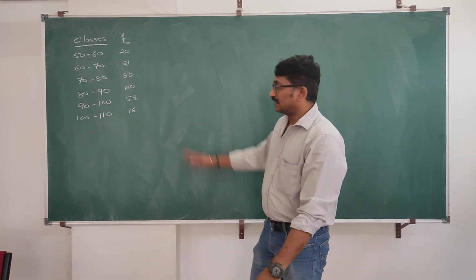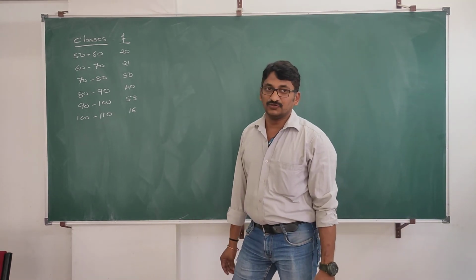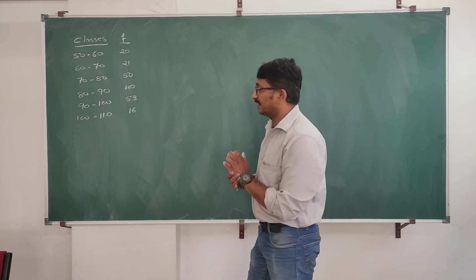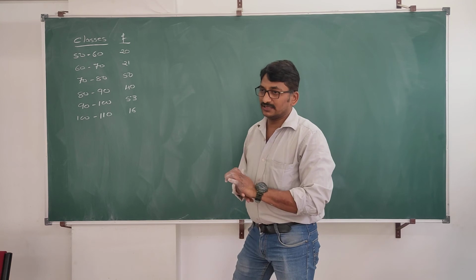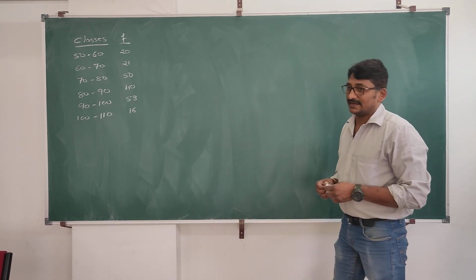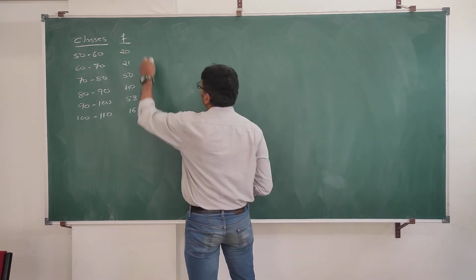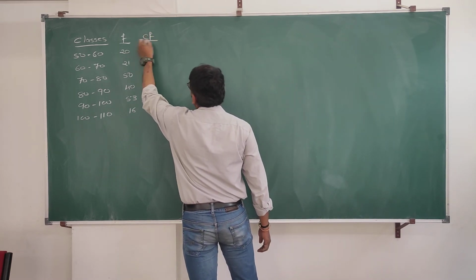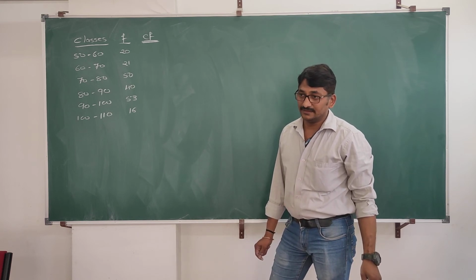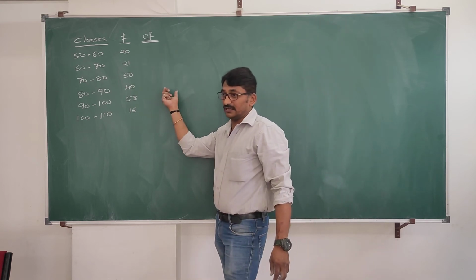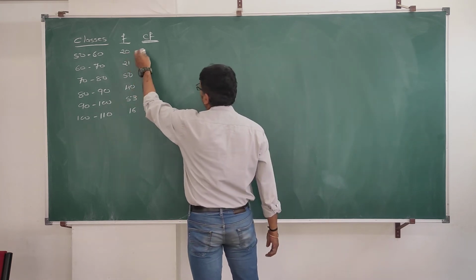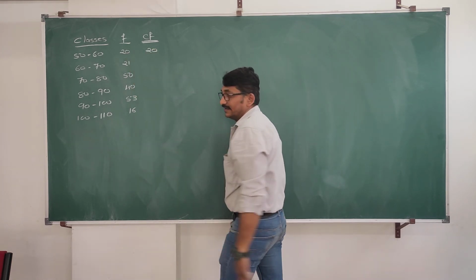Check whether it is exclusive or inclusive method. It is exclusive method, right? So when there is exclusive method, no question of conversion of inclusive to exclusive. Directly we can start with which column? CF column. Because this is the only column required to calculate median. Now how to prepare CF? First frequency keep as it is, that is 20.